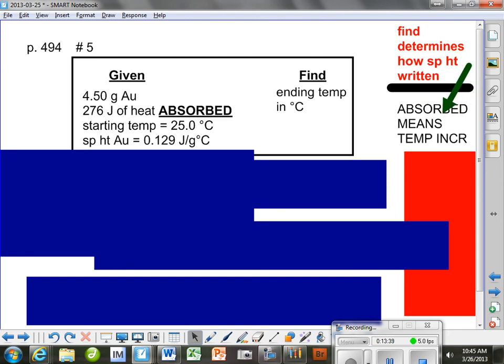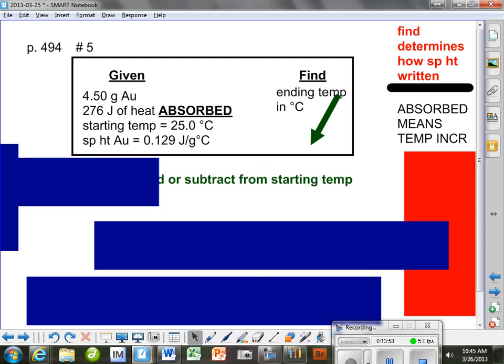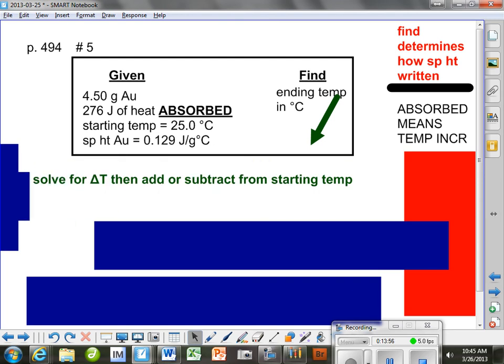It's increasing because the heat is absorbed. So we're going to calculate that delta T. Now, here's the deal. We're going to solve for delta T first, and then we're going to subtract or add. In this case, is it add or subtract? Add. Yeah. Okay, good.